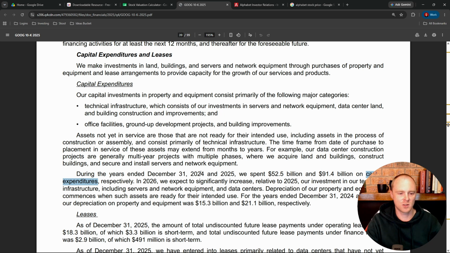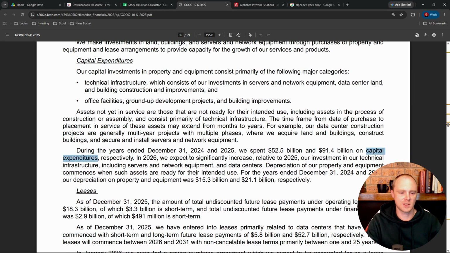So it just says during those years 24 to 25, we spent 52 billion, 91 billion on capital expenditures, respectively. In 2026, we expect to significantly increase, relative to 2025, our investment in our technical infrastructure, including servers and network equipment and data centers.